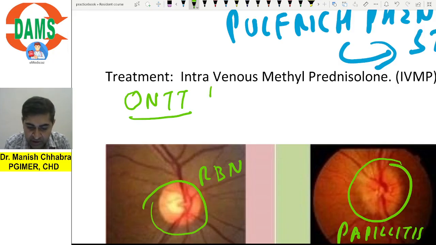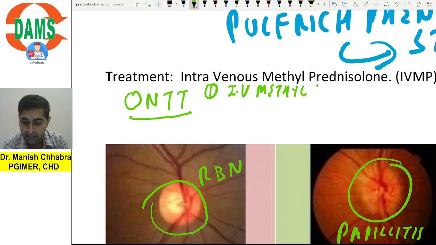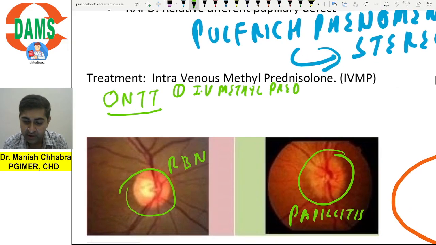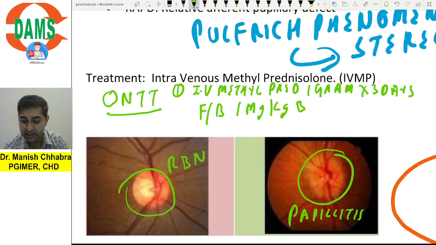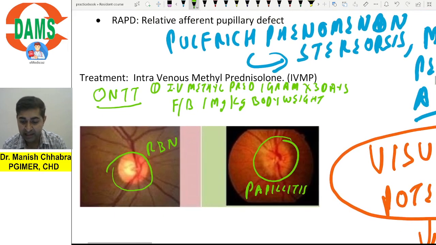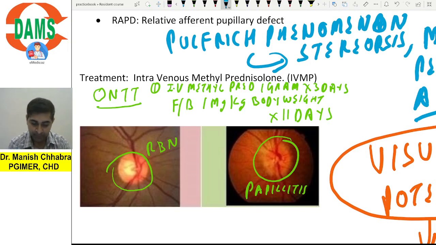One was the group which received intravenous methylprednisolone 1 gram stat for 3 days, single dose for 3 days, followed by 1 milligram per kg body weight of oral methylprednisolone for 11 days. So that was your one group.